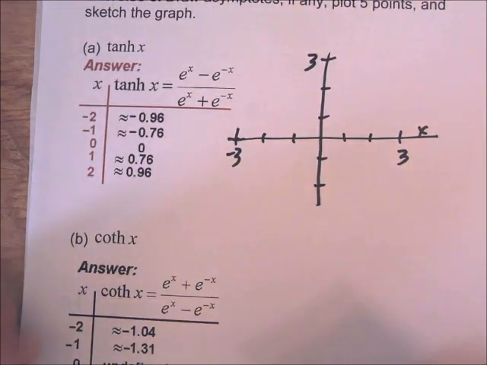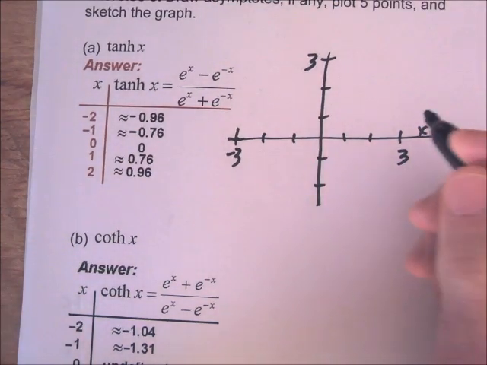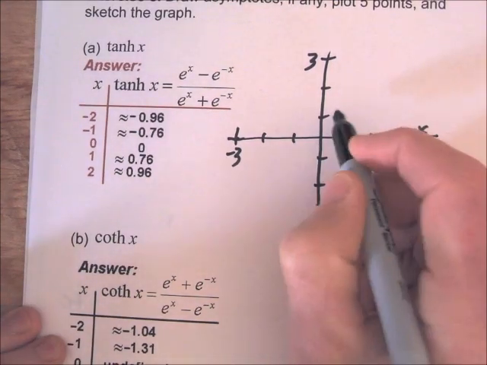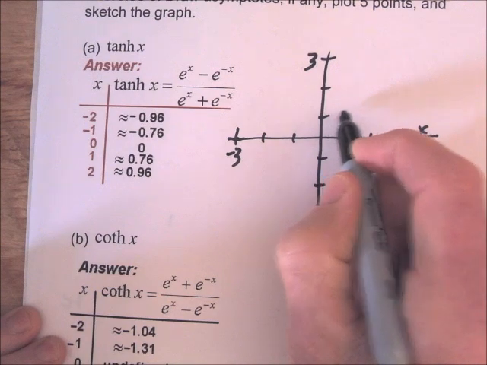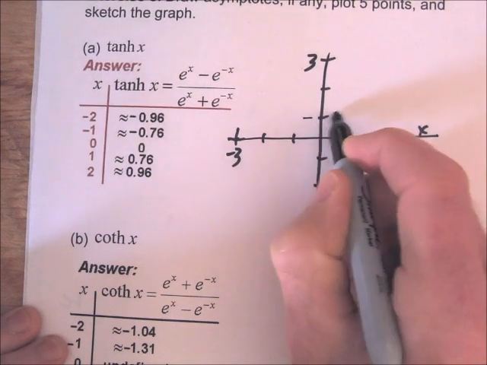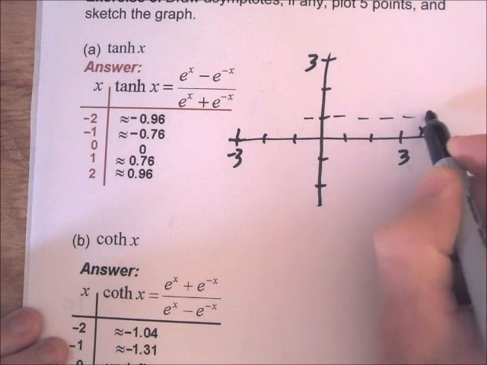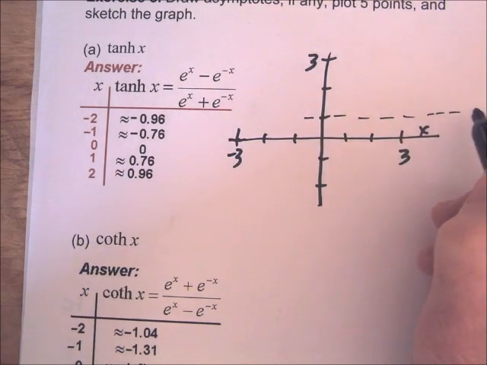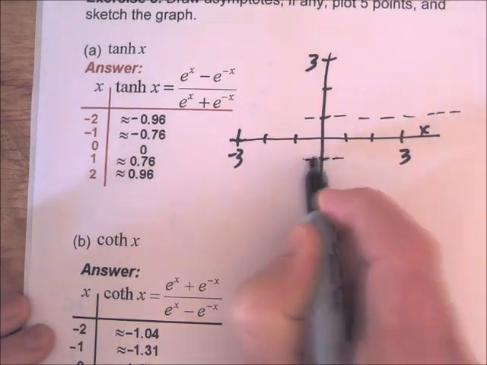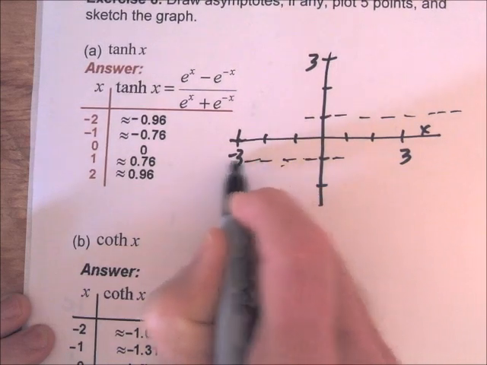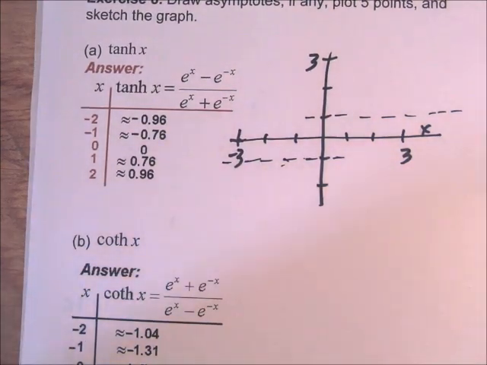I'll draw on the asymptotes. We said there are horizontal asymptotes at 1 and -1. If you go out to infinity, you get a horizontal asymptote of 1. Going out to minus infinity, you have a horizontal asymptote at y equals -1.